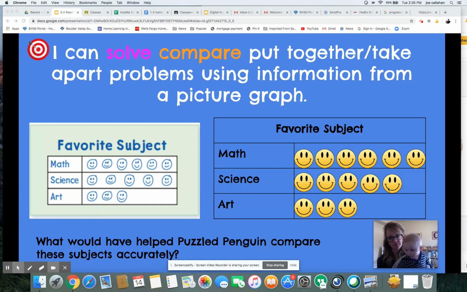Next question. How many students did Puzzled Penguin survey all together? How many students did Puzzled Penguin go around and ask this question to all together?